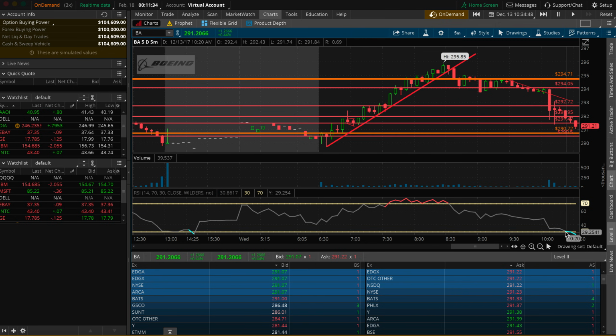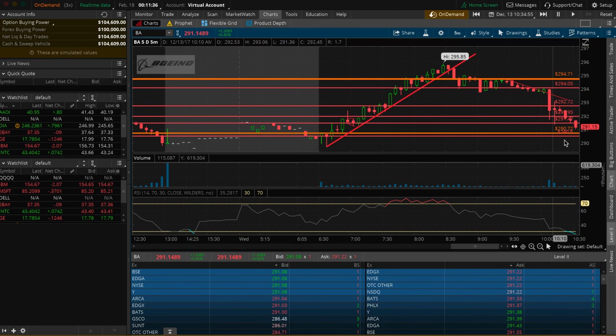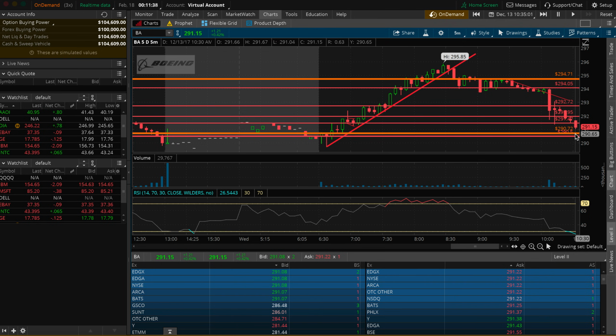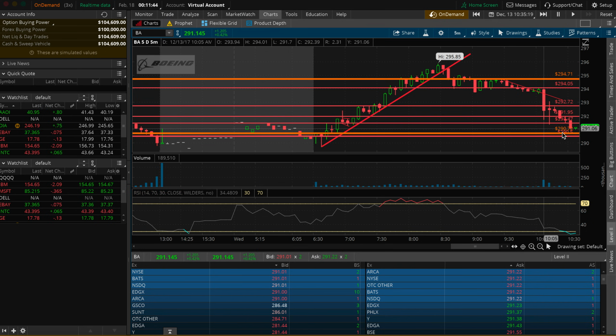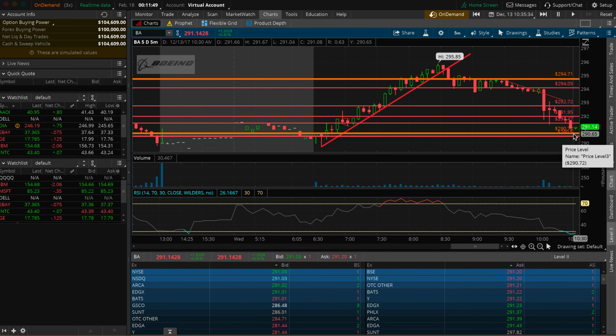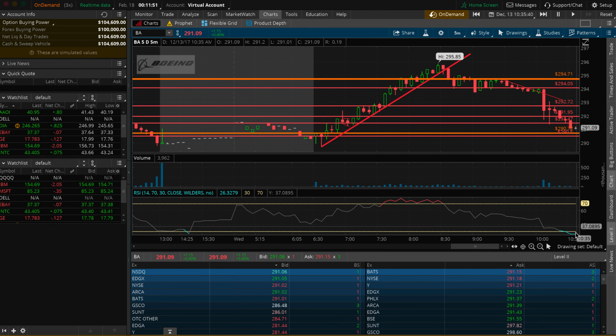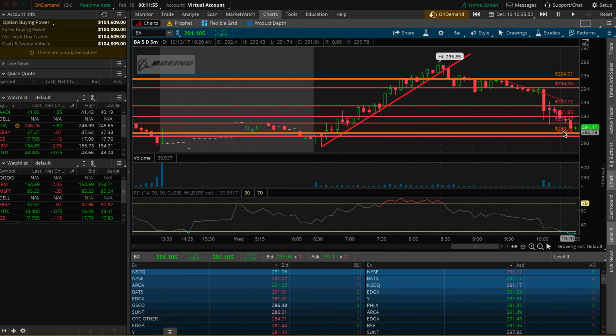Look at the RSI. It's going into oversold right where it's heading towards the major support. If I was trading this actively right now, I would see this and I would start to buy calls. I would see the oversold. I would see it coming to hit the major support at the open.